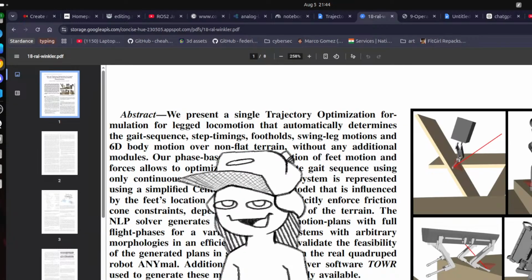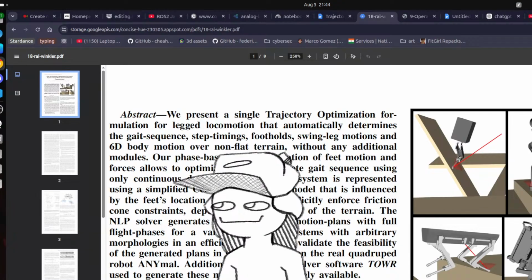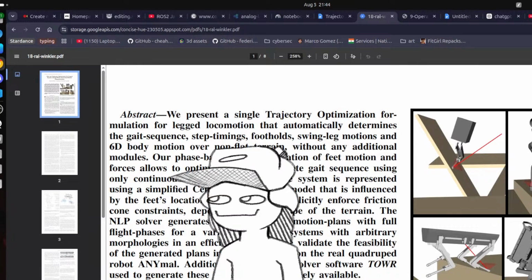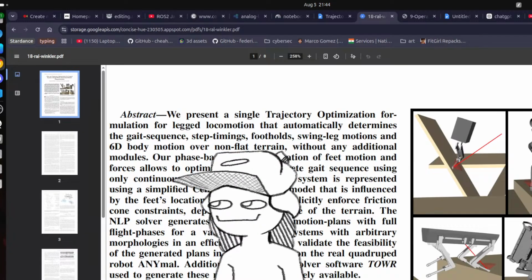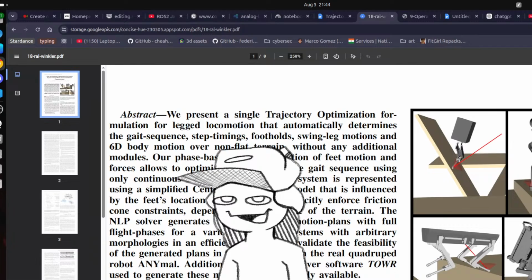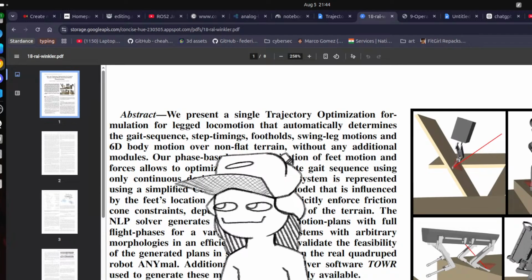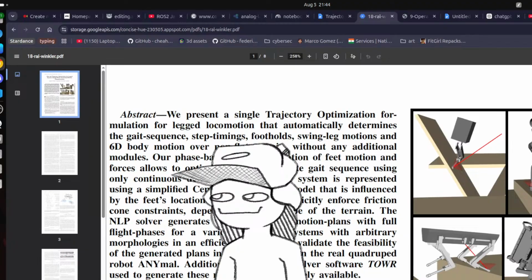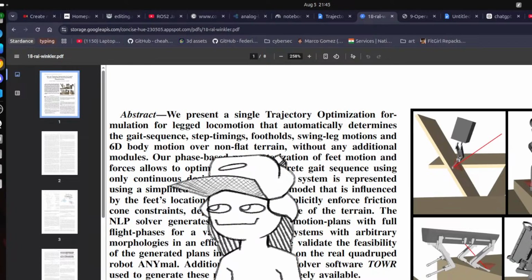Another issue that they dealt with is that initially a lot of papers that involve gait sequences took an integer approach. They discretized the sequences in a way that they could just define foot 1, foot 2, foot 3, and foot 4 in a particular order, or maybe sometimes even hard code them.